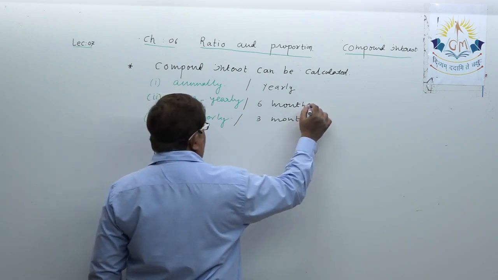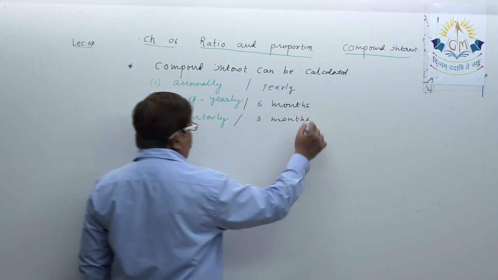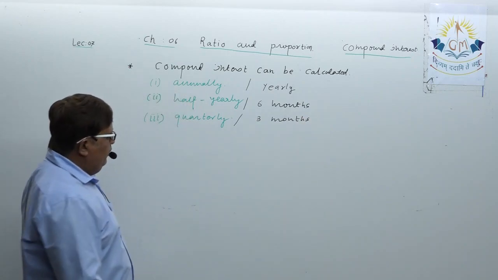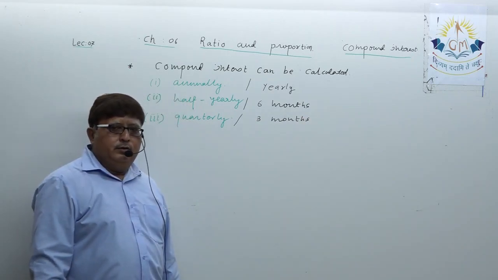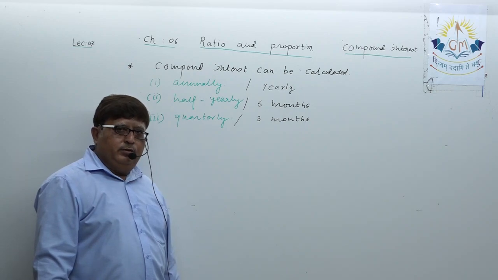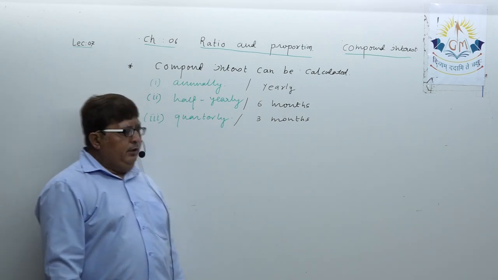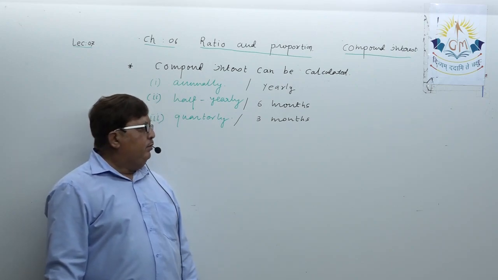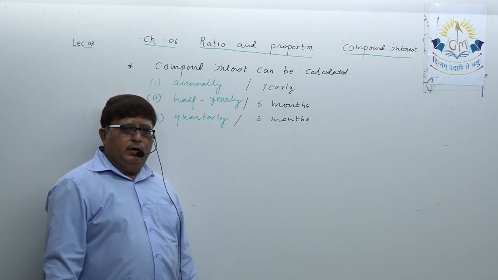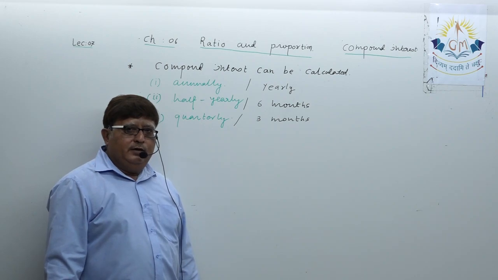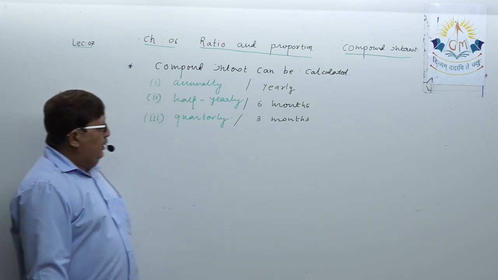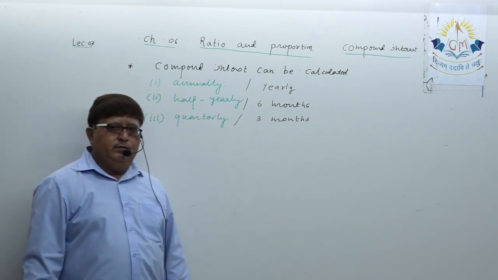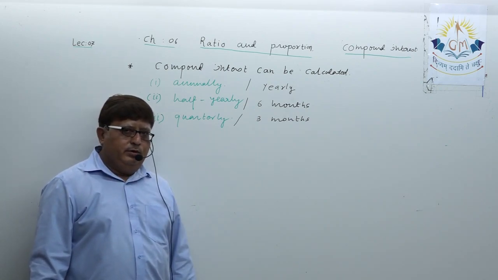Here one interval of 6 months, here one interval of 3 months. Annually, that means 12 months. Half yearly, that is one period of 6 months, and then quarterly, one period of 3 months.